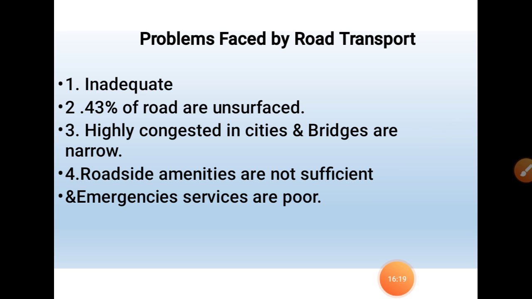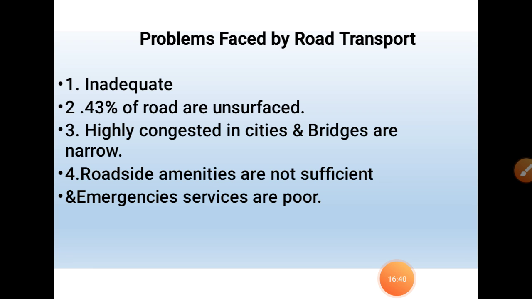Now we just saw that there are different kinds of roads, but there are also some problems faced by road transport. Although this is very important and road transport is efficient compared to other modes, it is also facing some problems.